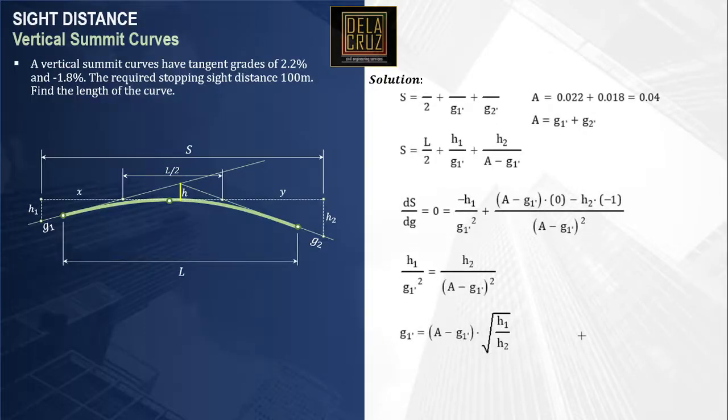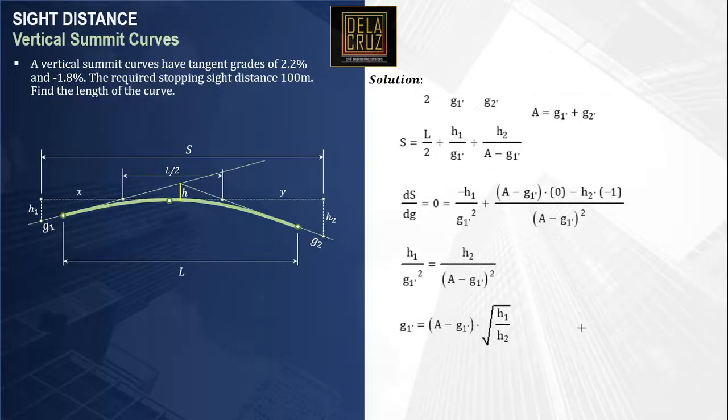So simplifying further, we need to express G1 to A with respect to H1 and H2. So we can have G1 prime is equal to A multiplied by the square root of H1 over H2 divided by 1 plus the square root of, actually the same for this.